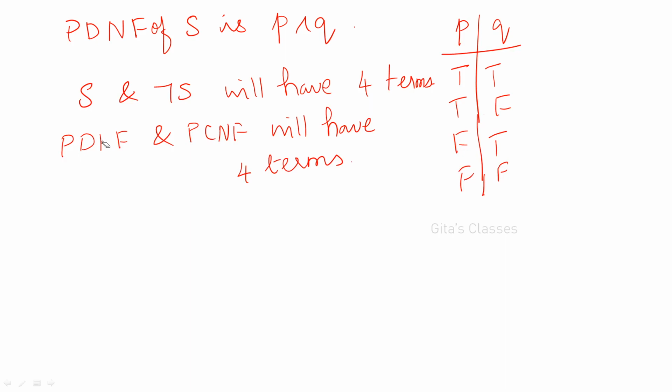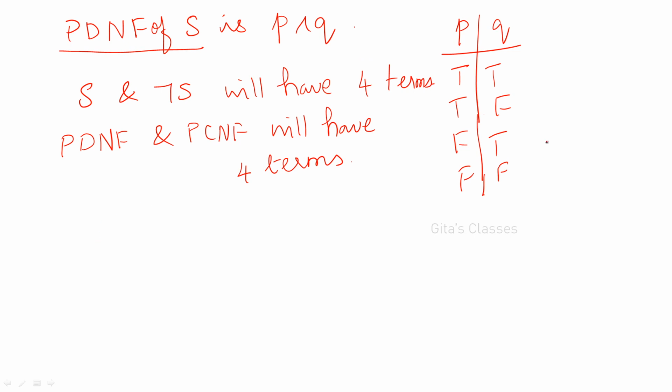If you have two variables, PCNF and PDNF together must have 4 terms. And S and negation of S, that is the given formula and the negation of the given formula, will also have 4 terms. Now PDNF of S, we have written P and Q.